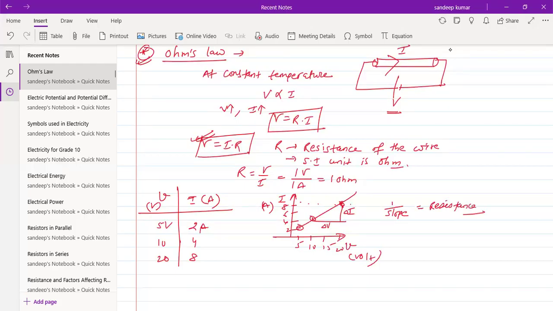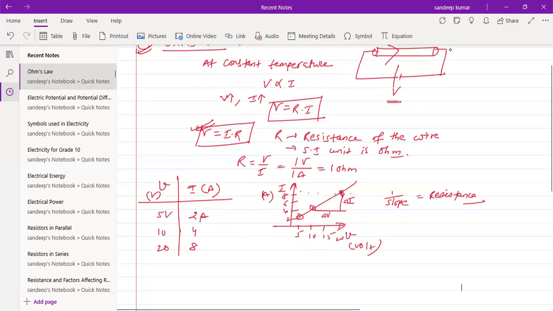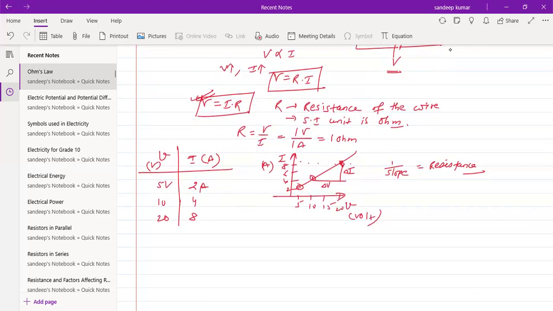See, children, there are limitations of Ohm's law. It is not obeyed when the temperature is too high, and it is also not obeyed for non-ohmic devices like a semiconductor. So we can write the limitations of Ohm's law.